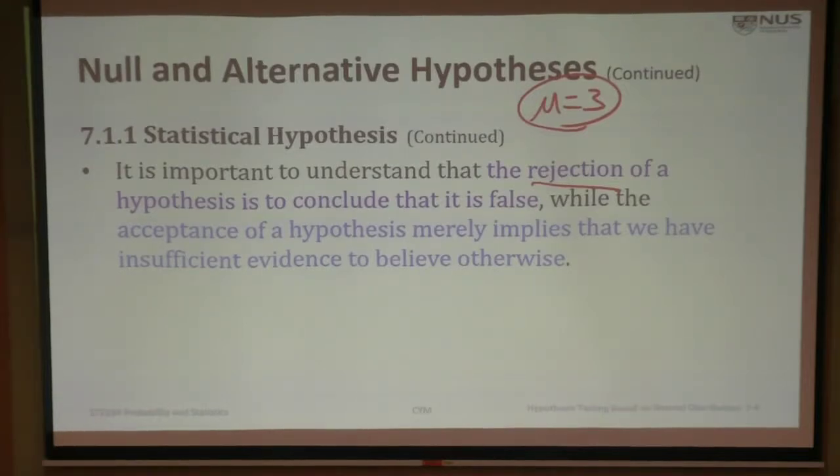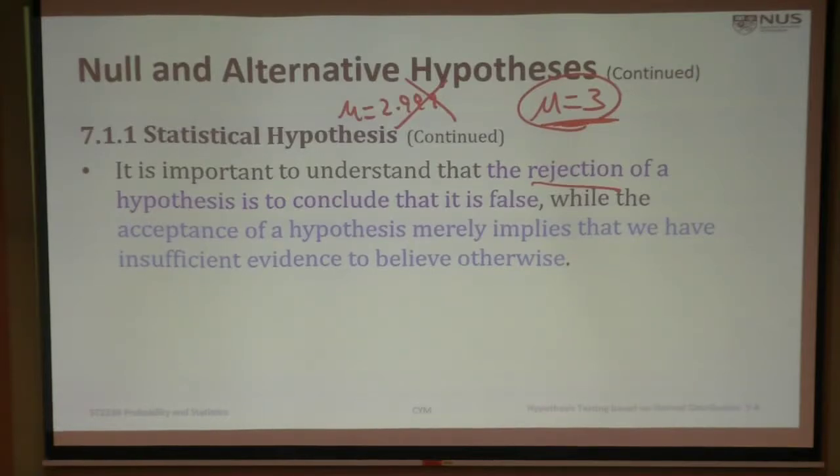If the population mean turns out, after we look into everyone, to be mu equal to 2.999, then this statement is false because that's not equal to 3. But in general, we don't have the answer. We are not able to evaluate everyone and then get the answer. It's not very practical to get the value of mu.